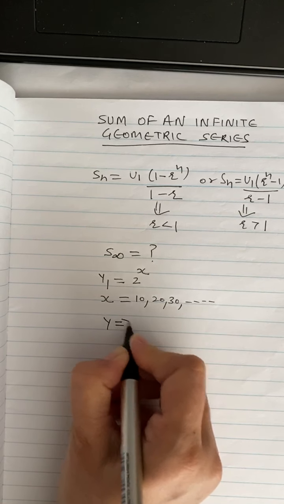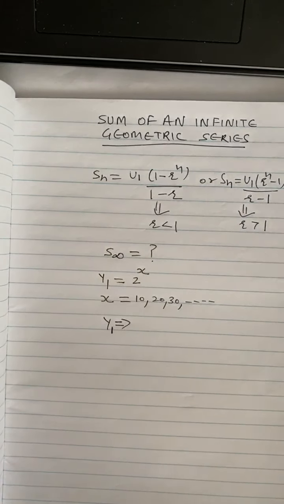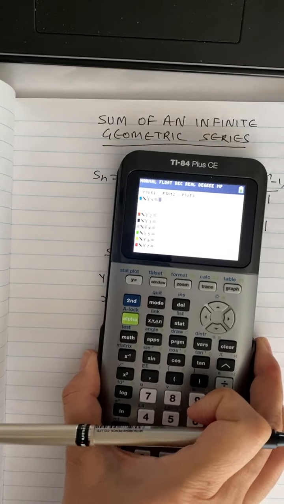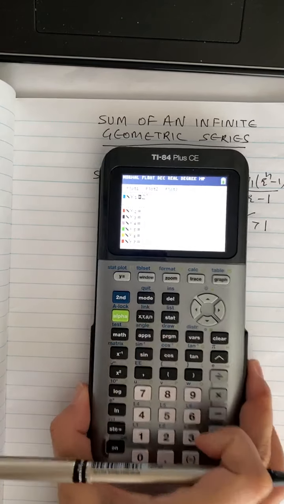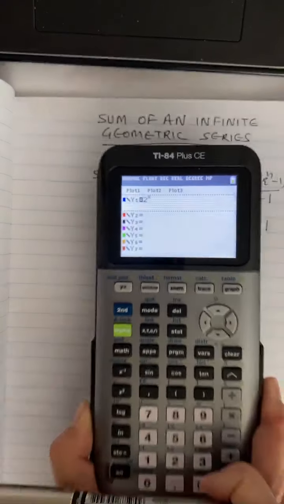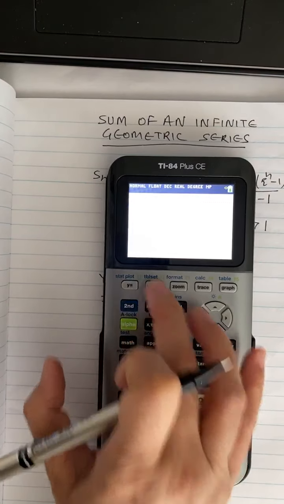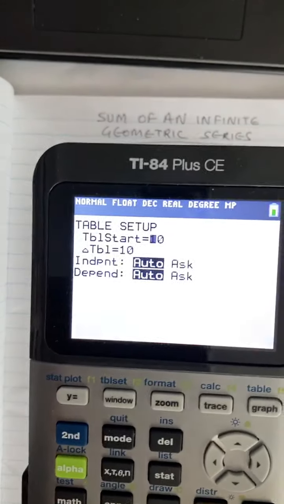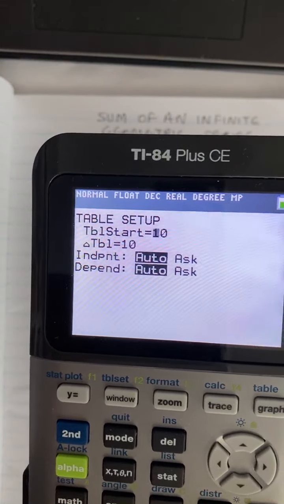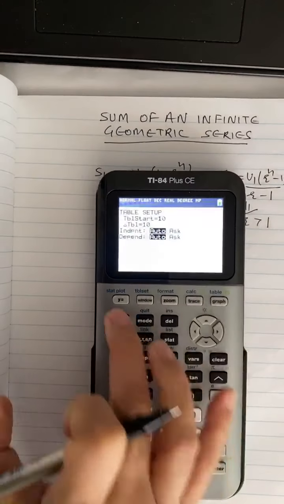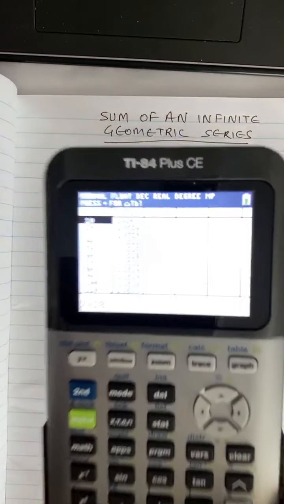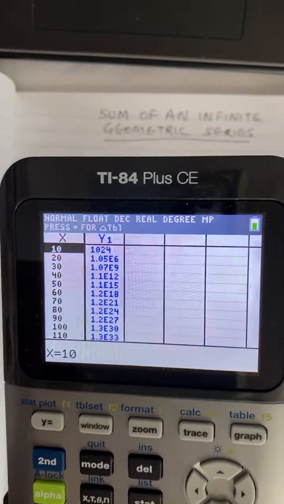If I use my calculator to show you, I enter 2 to the power of x in y1, go to second window, start my table at 10 with delta table 10, and then press second graph. I can see the values are getting bigger and bigger.